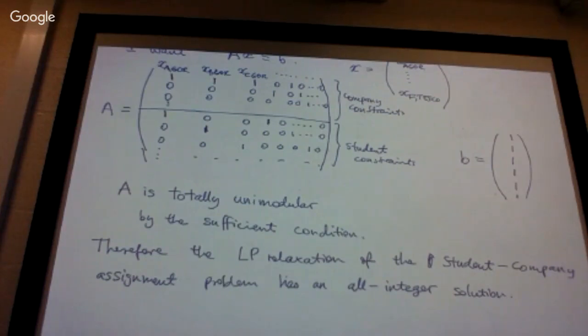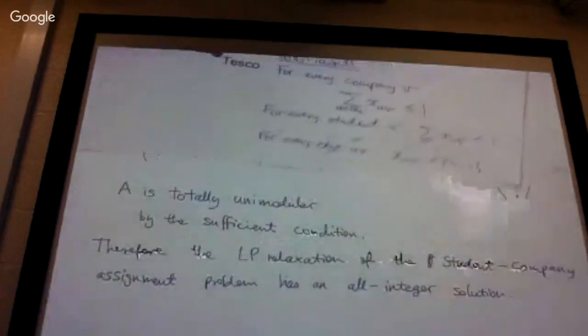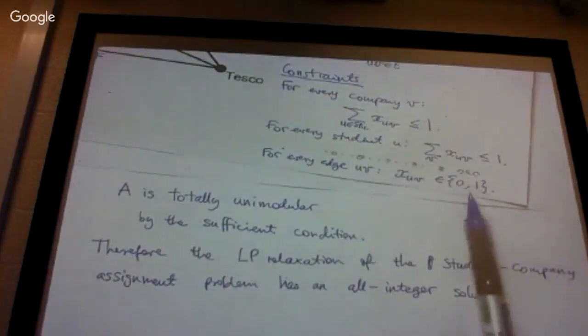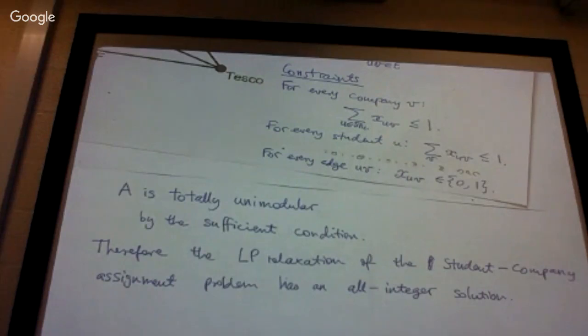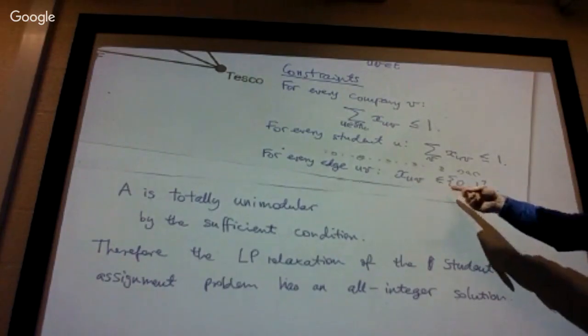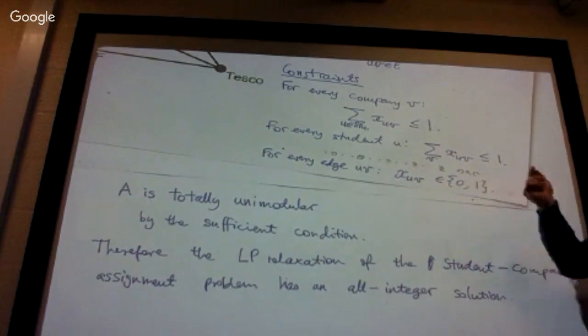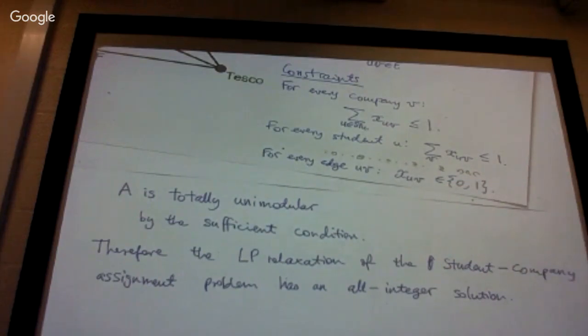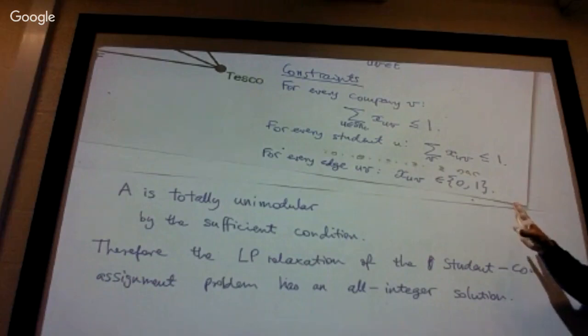Have I been cheating? A little bit. Because one thing I didn't put into the matrix is these binary constraints. What they would mean is that each of these has to be less than or equal to 1. And if I added them, then I don't know whether I would have a totally unimodular matrix or not.